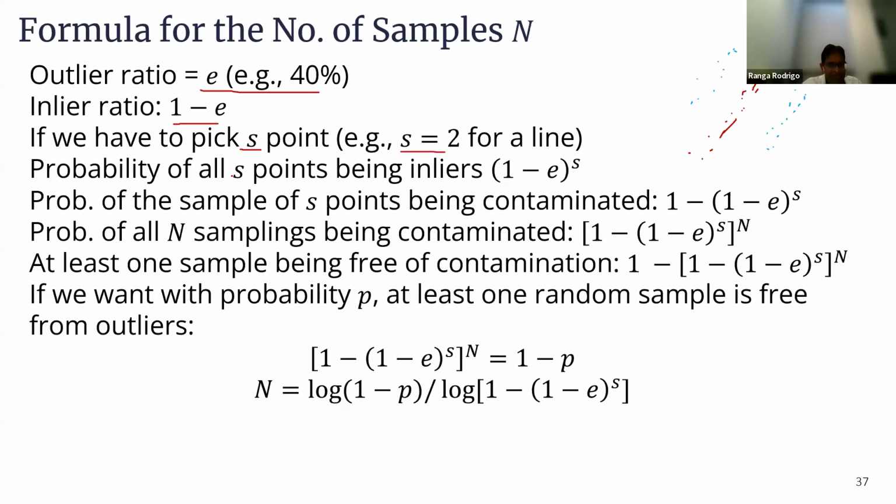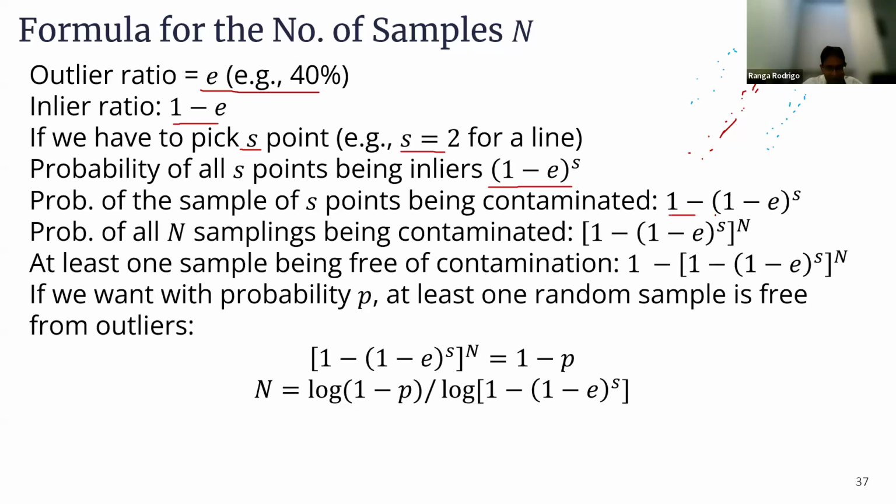The probability of all the points being inliers is, so the first point has to be an inlier, that means probability 1 minus e. The second point has to be an inlier, that means 1 minus e. So 1 minus e times 1 minus e is what you get here as (1 minus e) to the power of S. Okay. Then the probability of the sample of S points being contaminated: contaminated means not all are good.